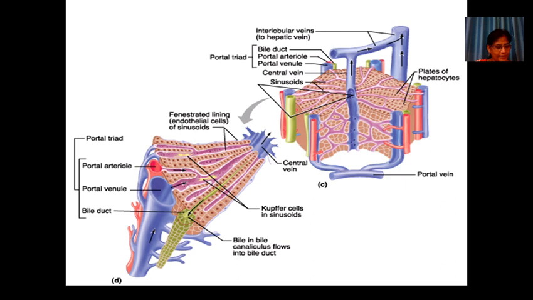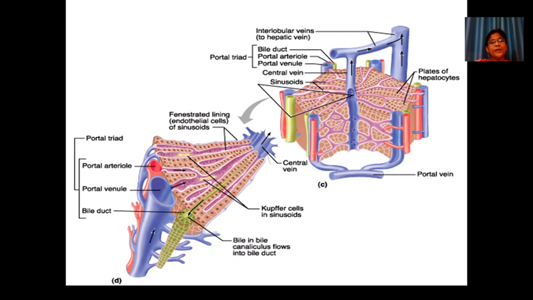What is this? Sinusoids. Sinusoids are blood vessels with incomplete walls. These sinusoids are present between the columns of hepatocytes.